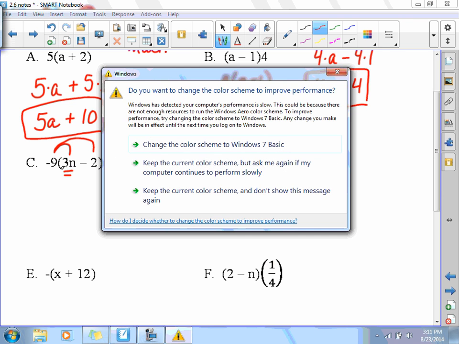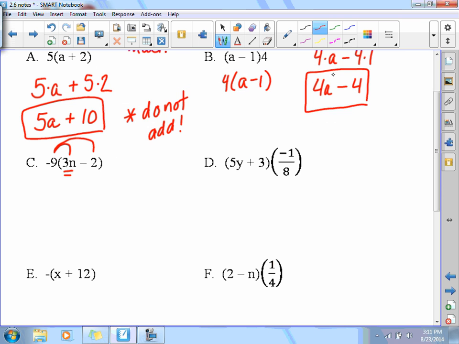We're only multiplying the 3 and the 9 together because they're the numbers that we can actually multiply together. So it's kind of like negative 9 times 3 times n. And then here we're still going to leave our minus. And then we're going to have a negative 9 times 2.